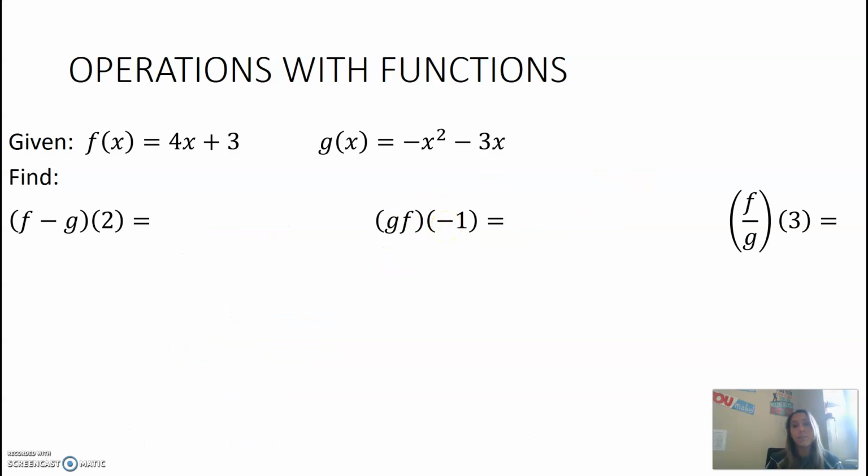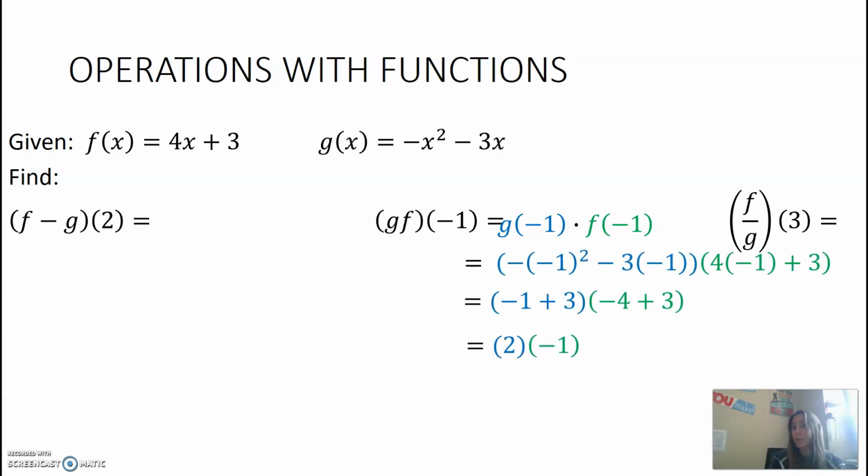So I'm going to find g times f of negative 1, and I can use those same strategies that I've used before, and I'm going to end up with negative 2. Or I've already found it.